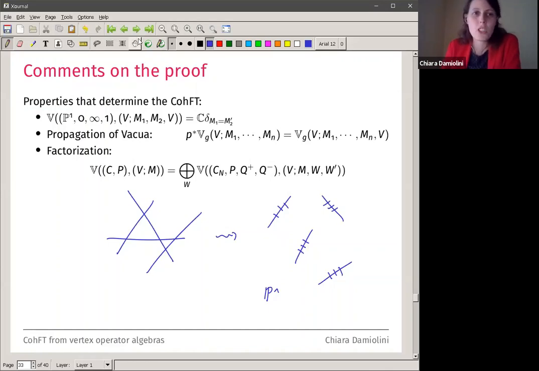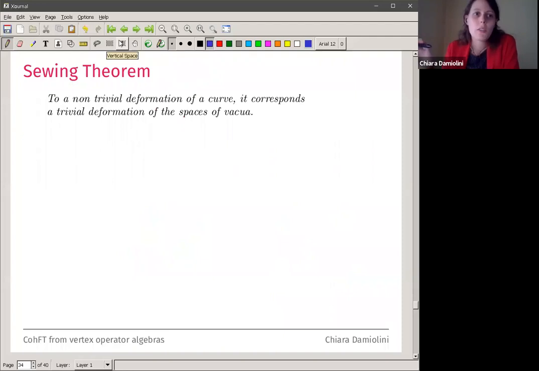So maybe let me just say that, as I said before, a refined version of the factorization is what I sometimes call the sewing theorem, which says that essentially there is a way in which we can deform a curve. So I start with a curve and I perturb it a little bit. And there is a very natural way in which you do it so that your perturbation gives something new.